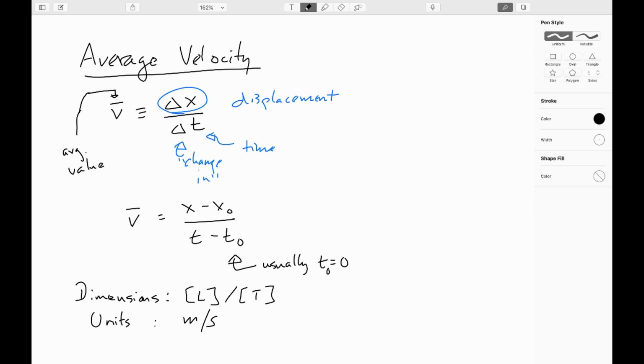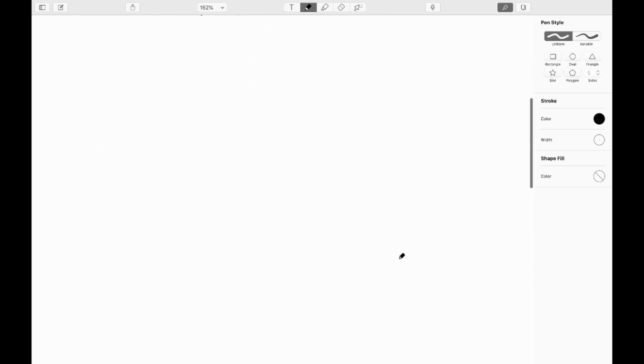So we can relate these to our motion diagram here. So let's look at, say, we're going along here.